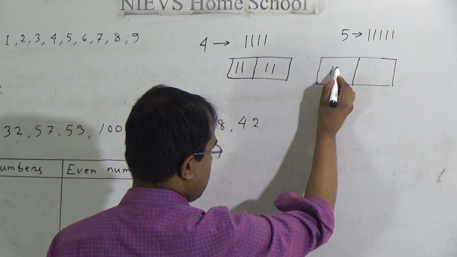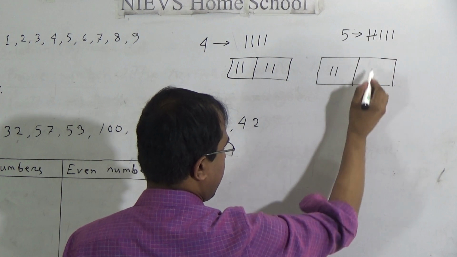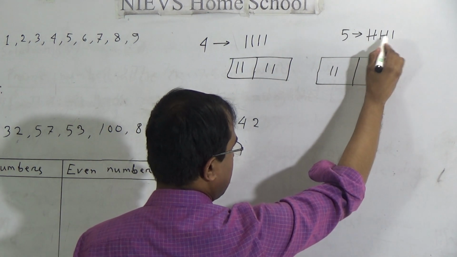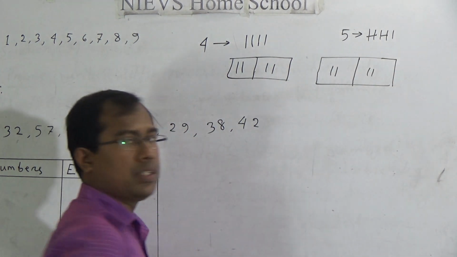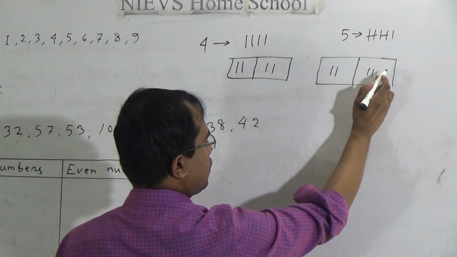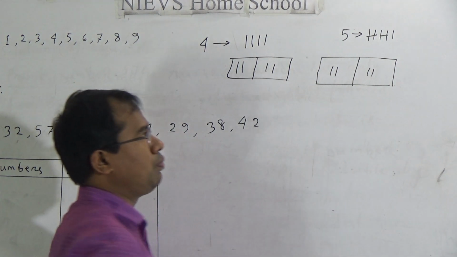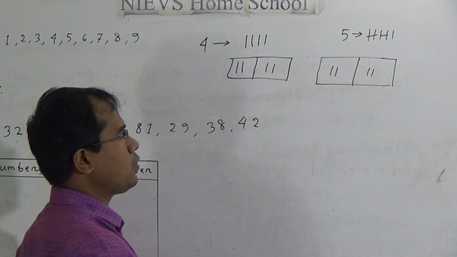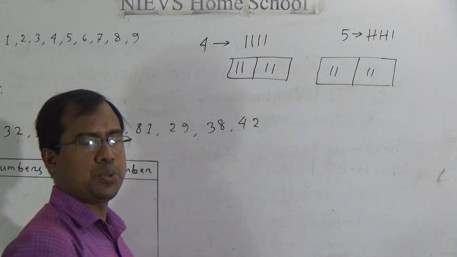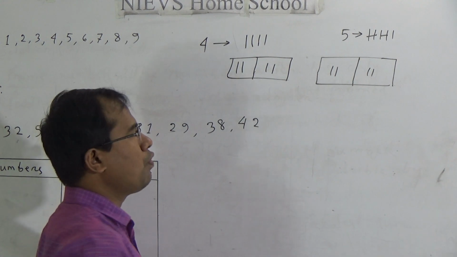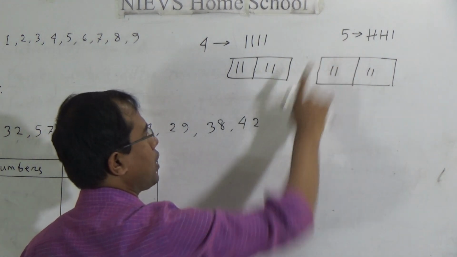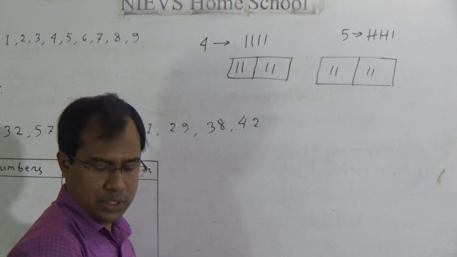We take 2 sticks in this part and another 2 sticks in this part. Here 1 stick remains. If we put it in this box, then it will be greater. If we put it in the other box, then it will be greater. So that means we cannot divide 5 into two equal parts. So 5 is not an even number, it is an odd number.